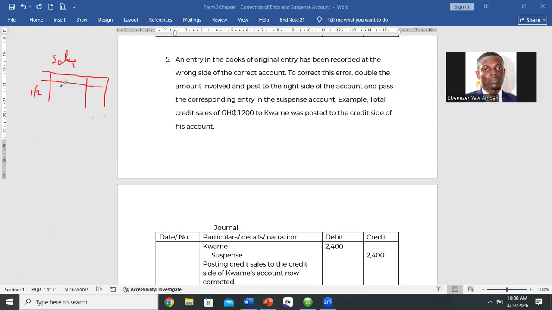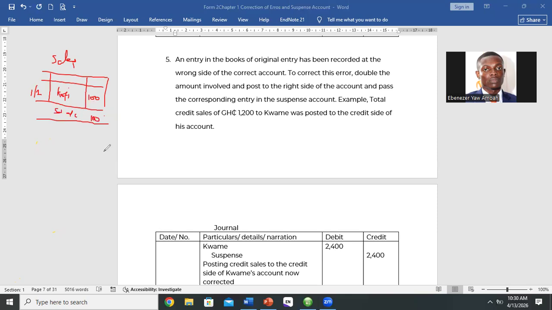So we had Kofi in our sales table, an amount of 100 cedis. You recall that if this is the only transaction, at the end of the day you have to get your totals. The total will be 100 cedis, which is transferred to the sales account in the general ledger.